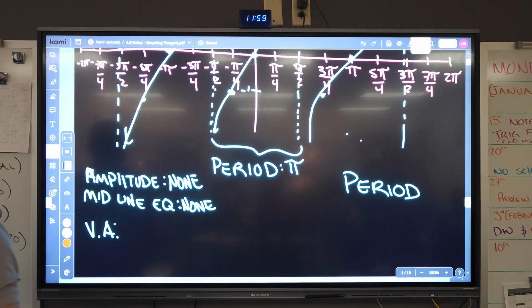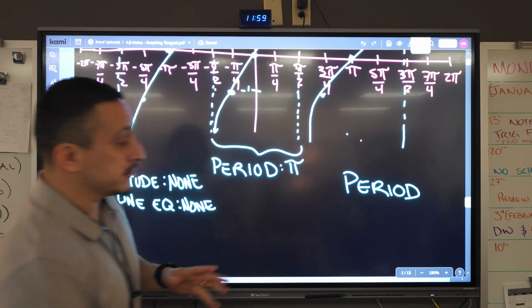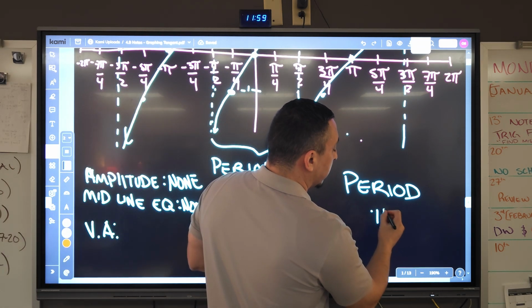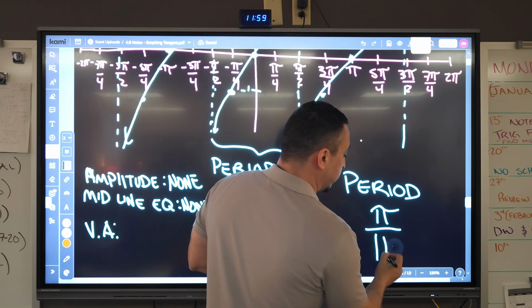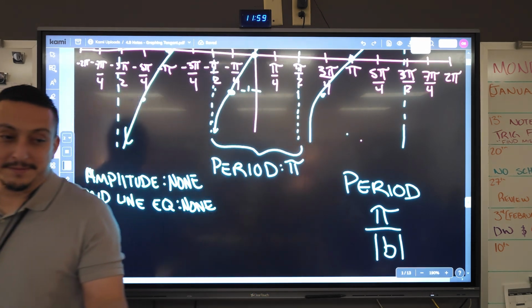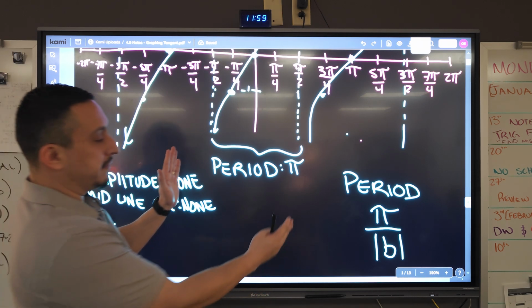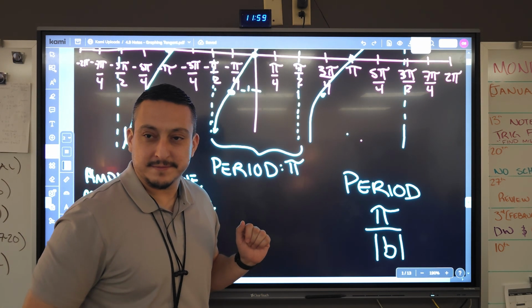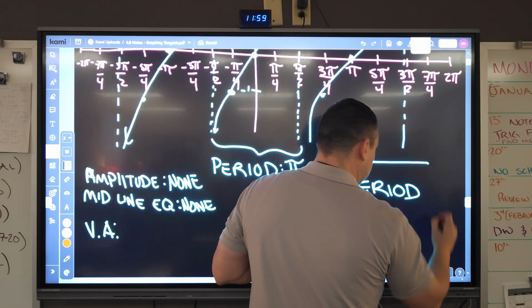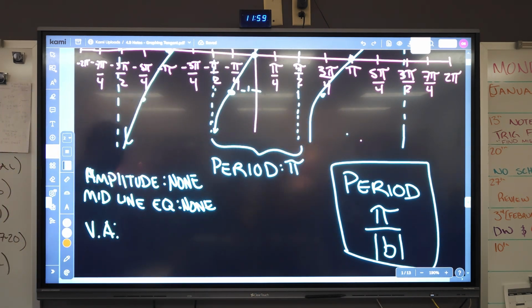For sine and cosine, how do you find the period? 2 pi over, yeah, this one's really similar. But instead of 2 pi, it's just pi. It's almost identical, just not 2 pi. And the reason again is because the period for this is just pi. So that's how you find the period.